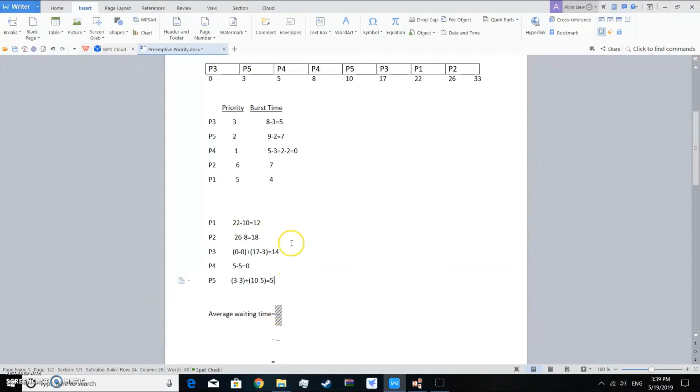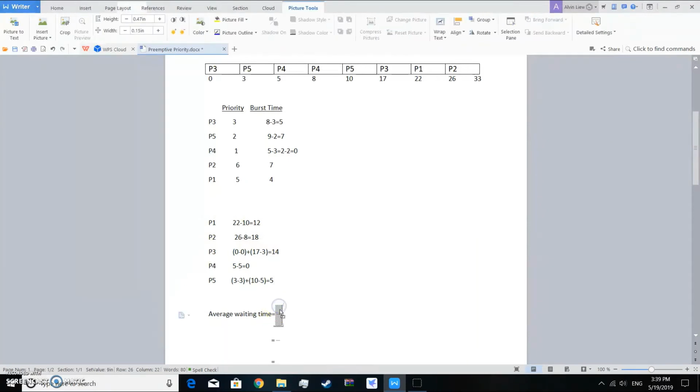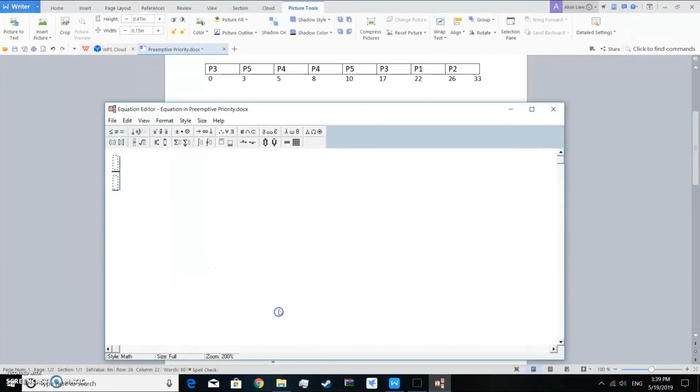Now we add all these numbers and divide by the 5 processes here. 12 plus 18 plus 14 plus 0 plus 5.